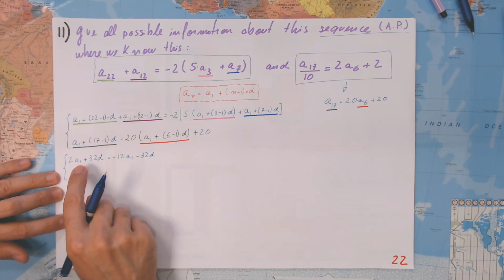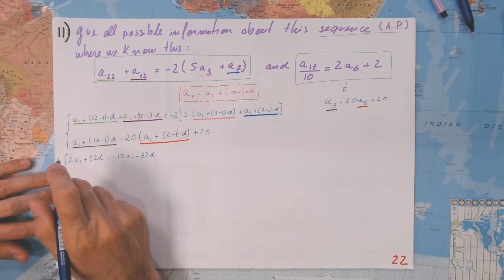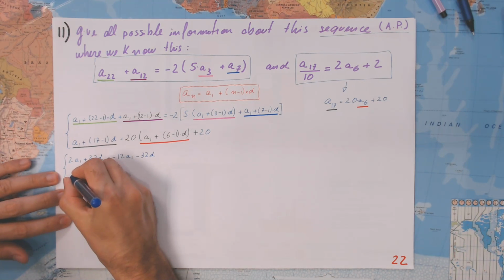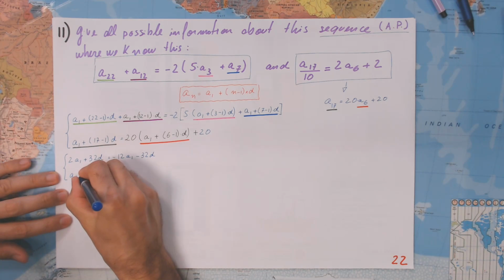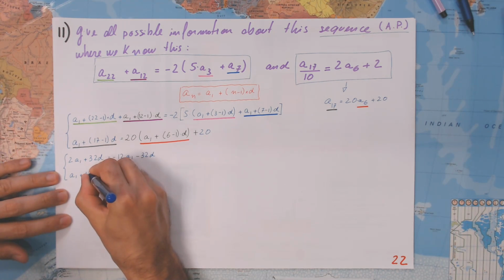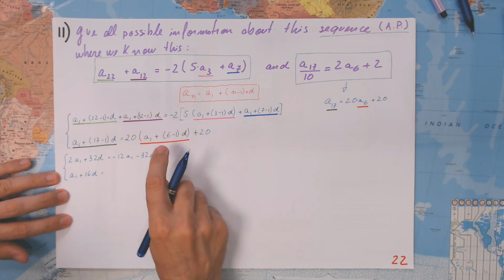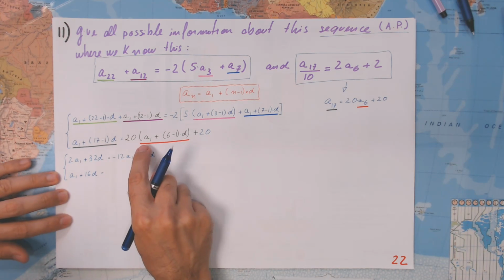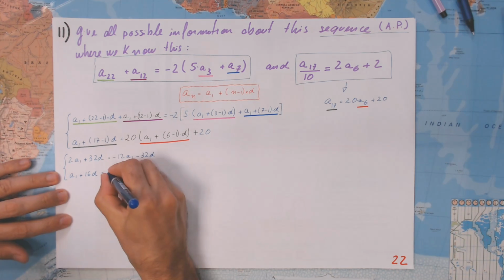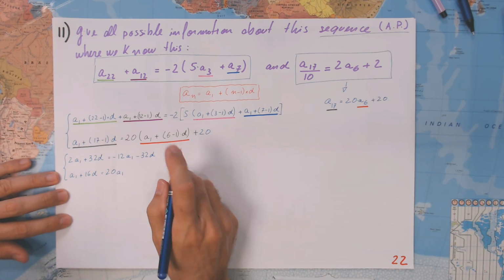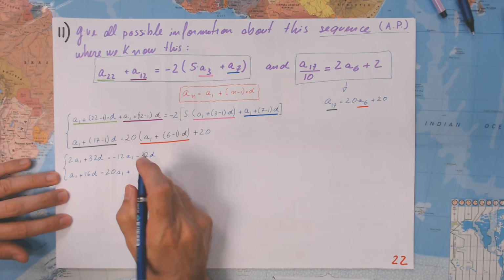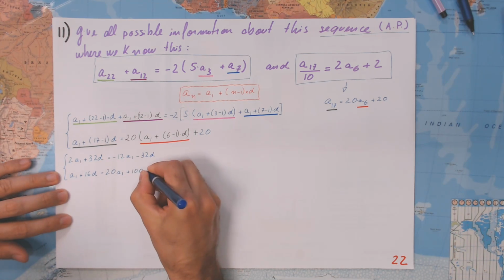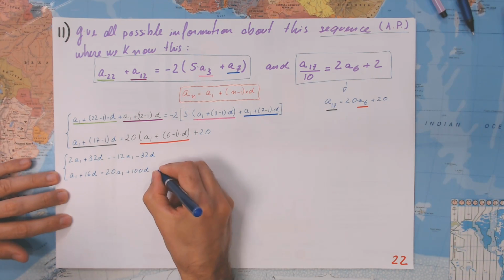Now this is going to be what? This is going to be A1 plus 16D equals, this is going to be 20A1 plus 5D times 20 is 100D plus 20.